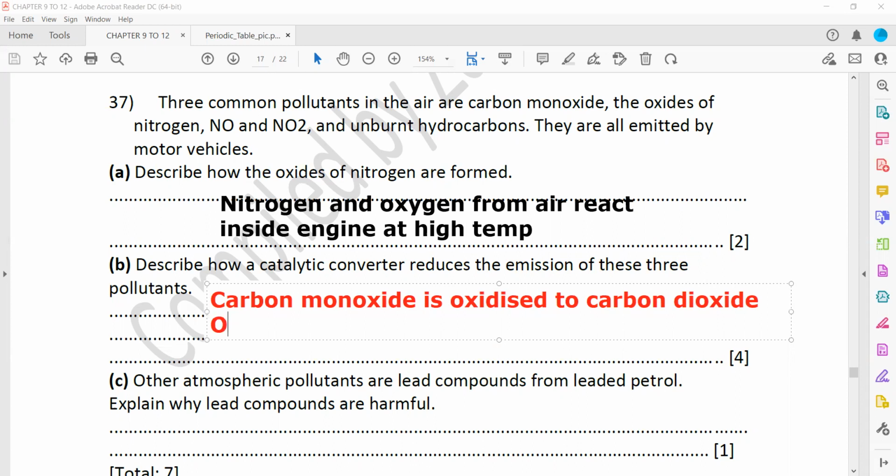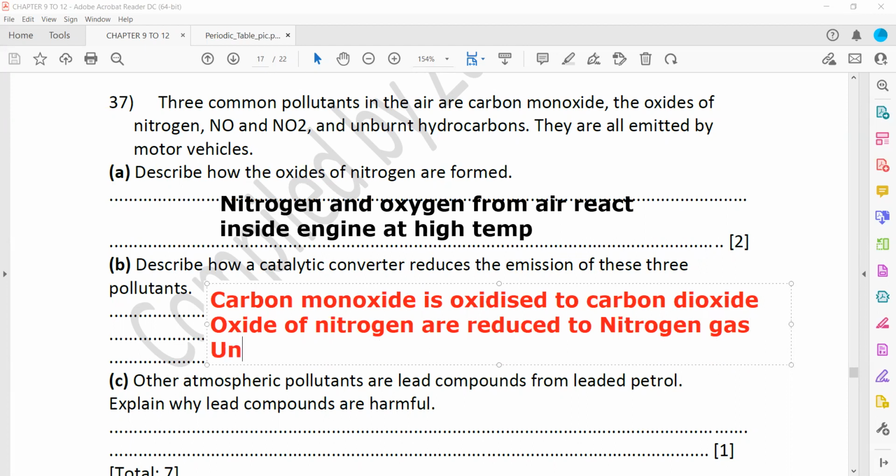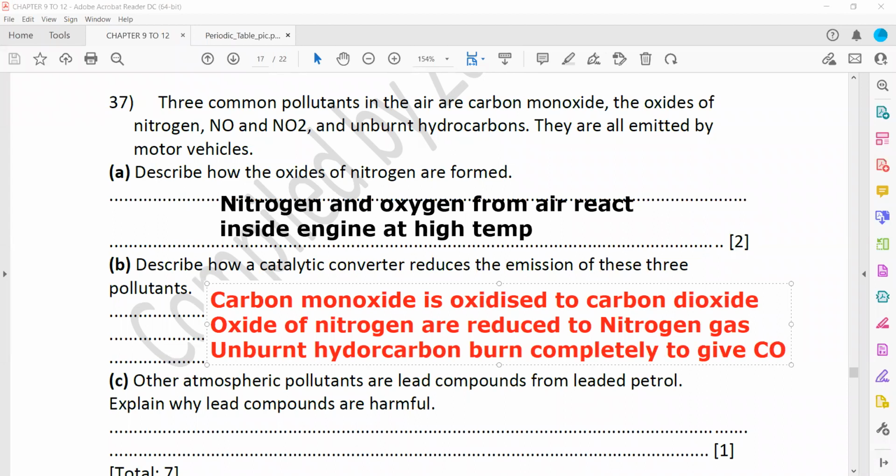Then oxides of nitrogen are reduced to nitrogen gas, and then unburned hydrocarbons burn completely to give carbon dioxide and water.